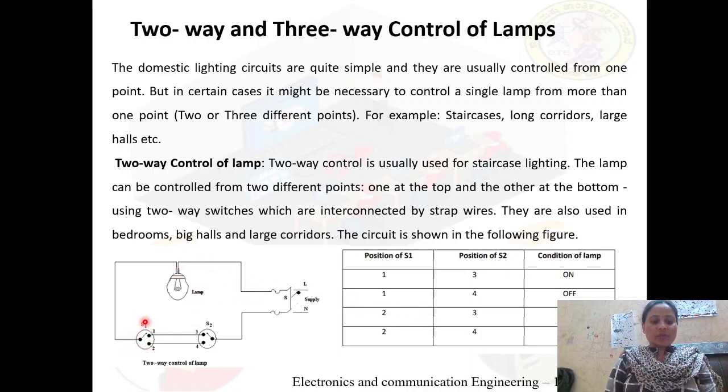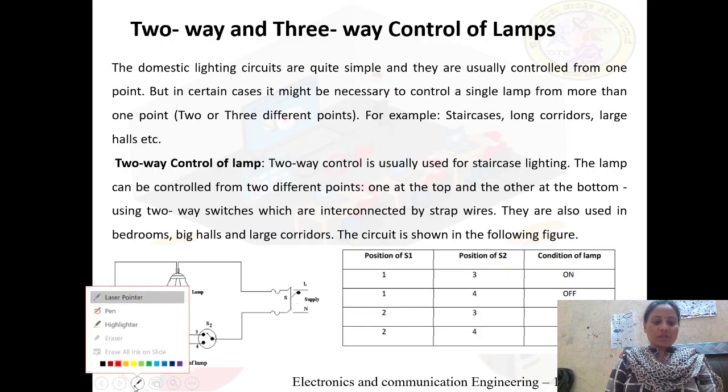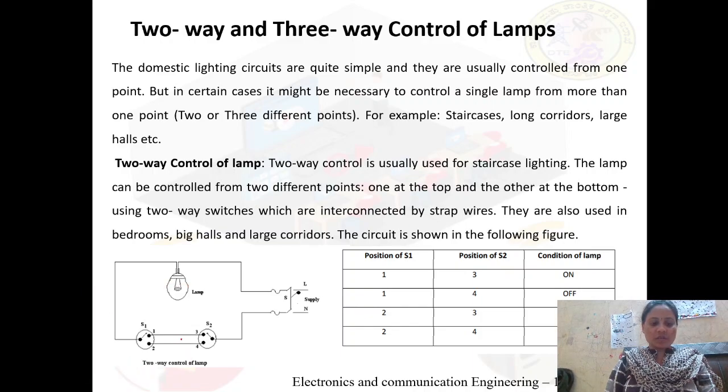Considering switch S1 in position 1 and switch S2 in position 3, from 1 to 3 there is a closed path for the current to flow, and the lamp will be on. Now let us keep the position of S1 at 1, but change the position of S2 to 4.